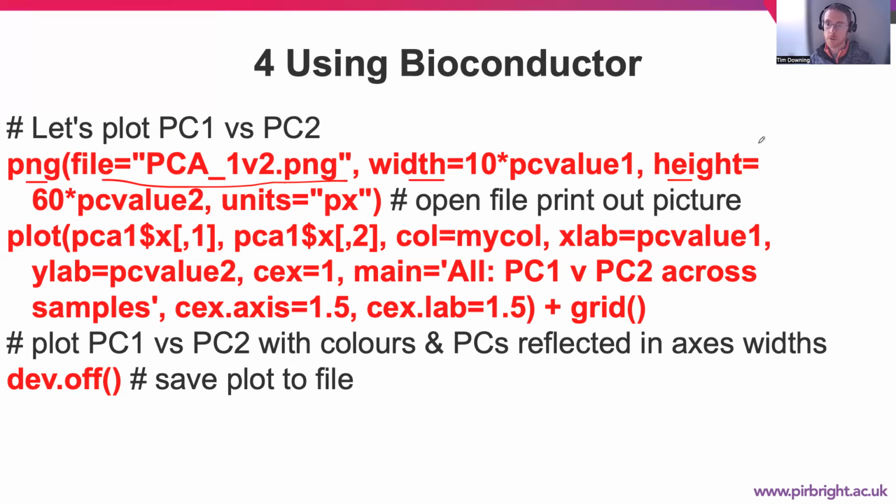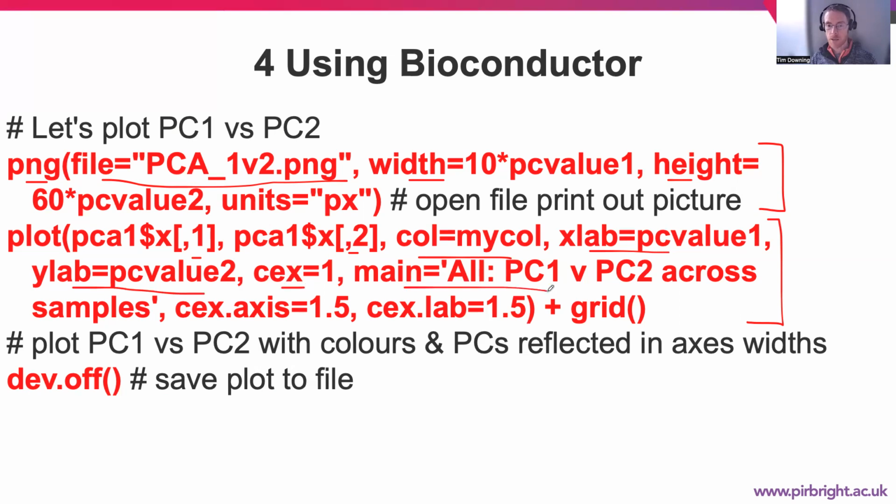When we open this png function, we then have our code to write out to that file. So we're plotting PC1 here versus PC2. We're using colors as my col. xlab is the PC1 value, ylab is PC2. So PC1 should always be on the x-axis. The text size is 1.